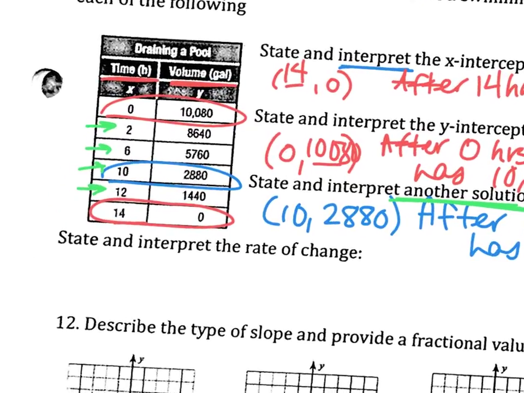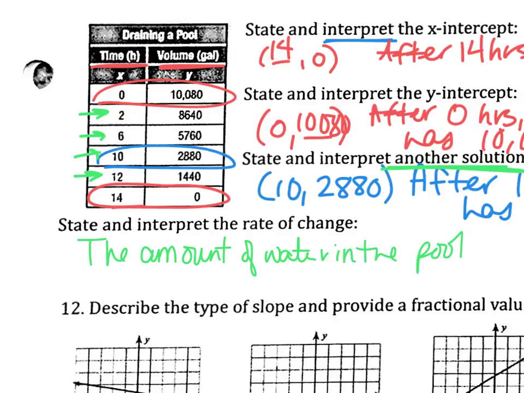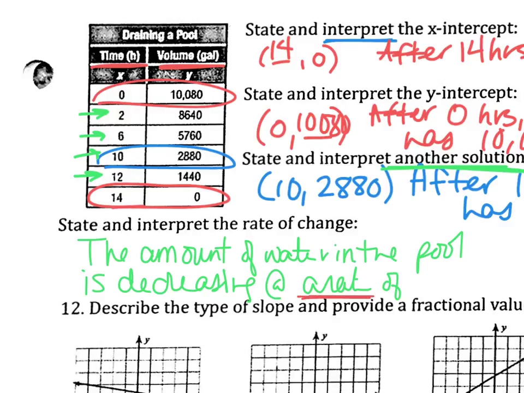All right, rate of change. Notice that this pool is draining, so the amount of water in the pool is going down over time. So you kind of can go ahead and start your sentence that way. The amount of water in the pool is decreasing at a rate of, okay, so notice that for rate of change, I want to say that I'm talking about a rate, and then just talk about how much the water is decreasing.